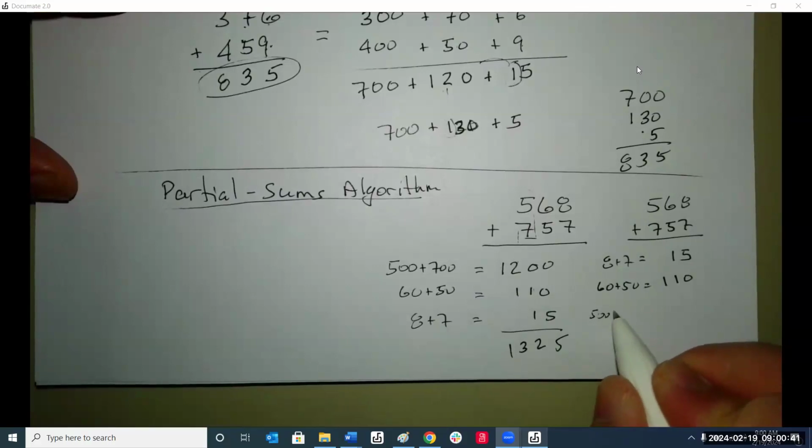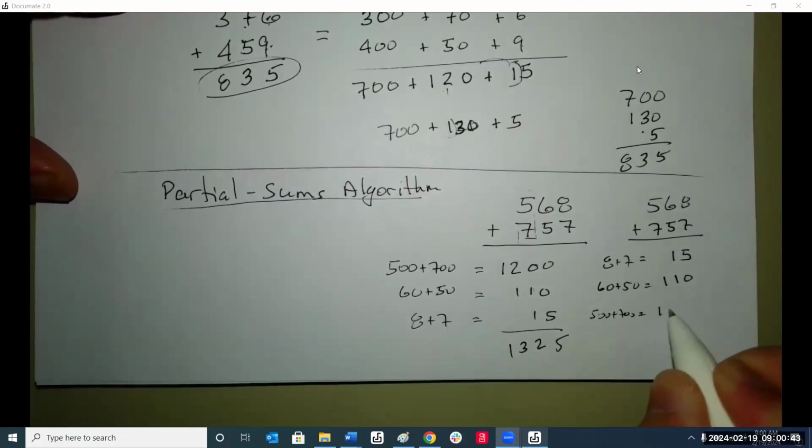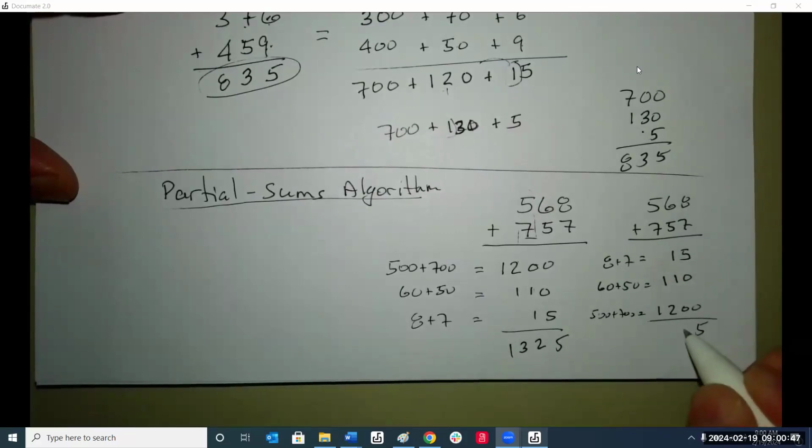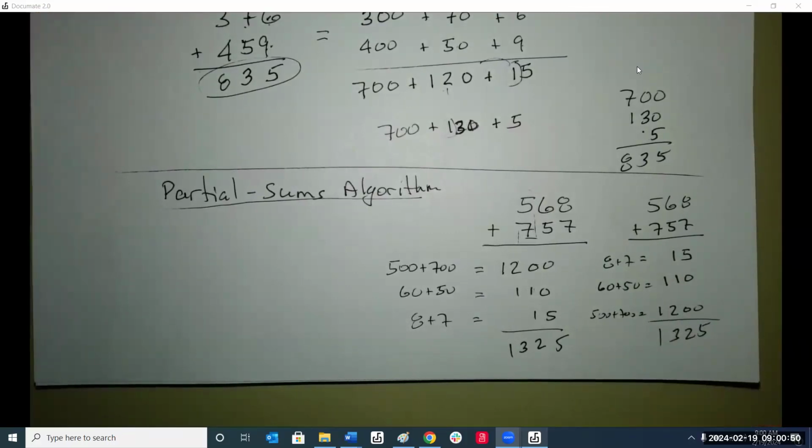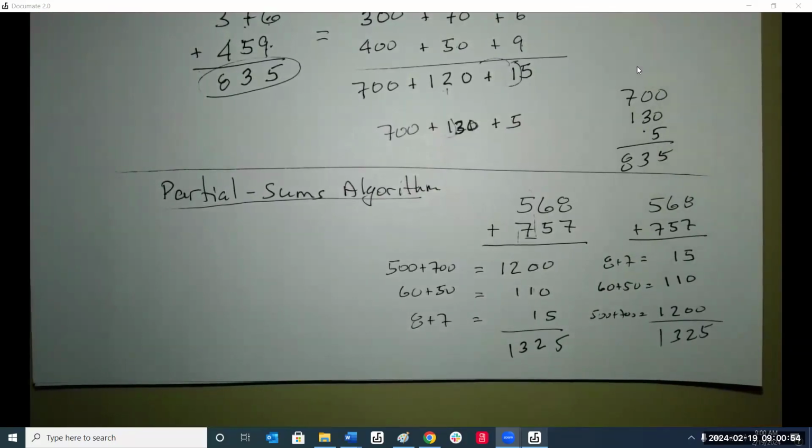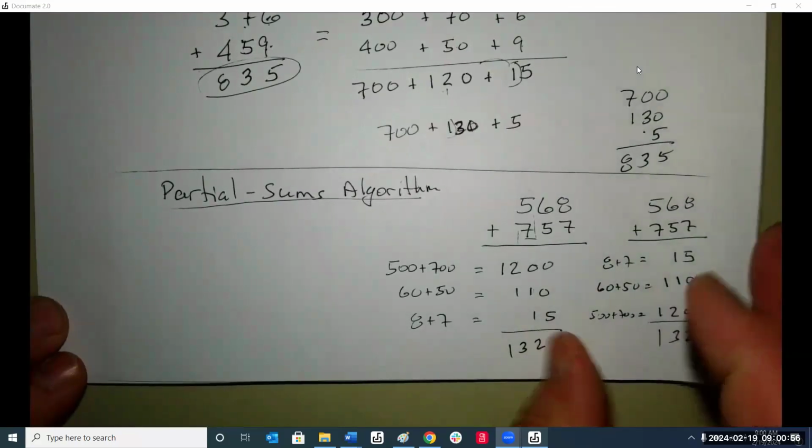And then 500 plus 700 equals 1200. Add straight down. So that's partial sums.